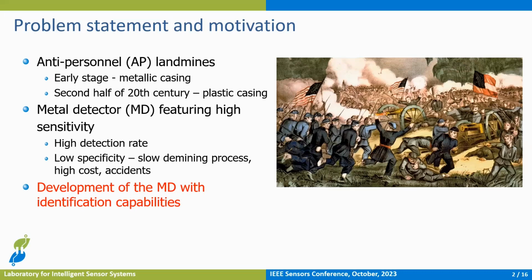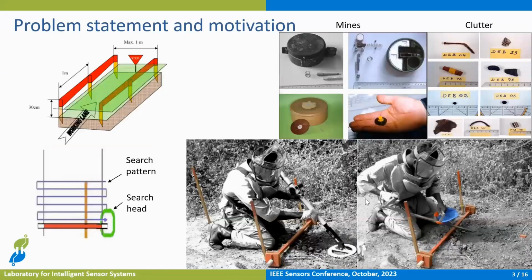This makes the process very slow, expensive, and in extreme cases ends with an accident. So from here comes the motivation for development of a metal detector with identification capabilities.